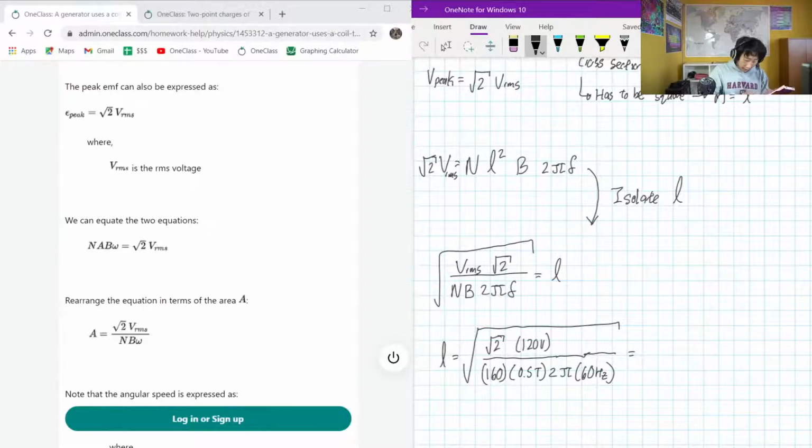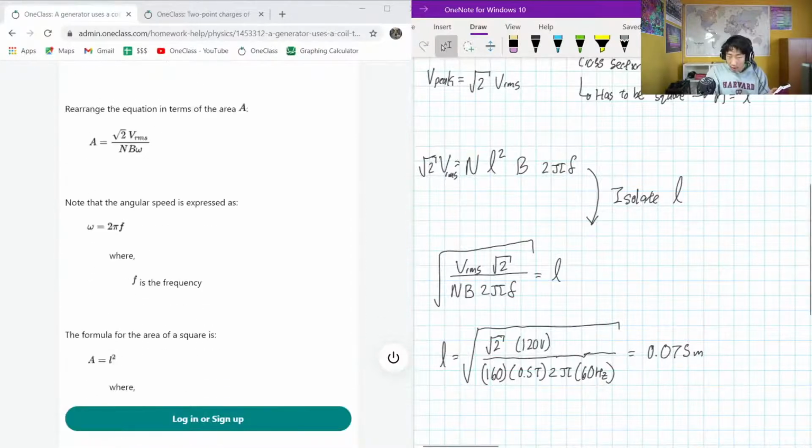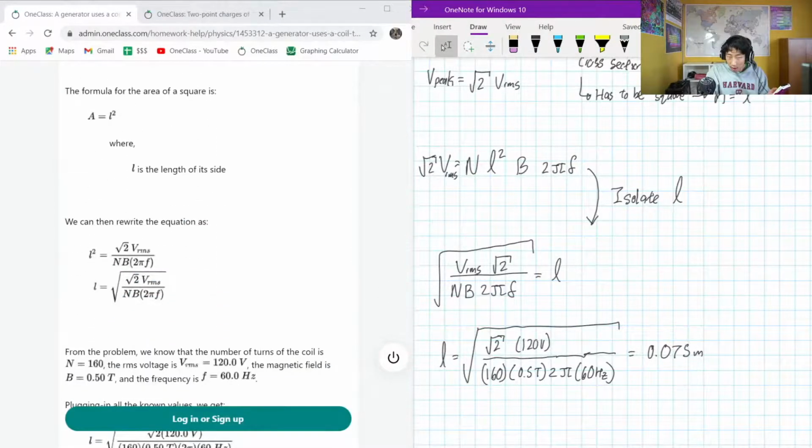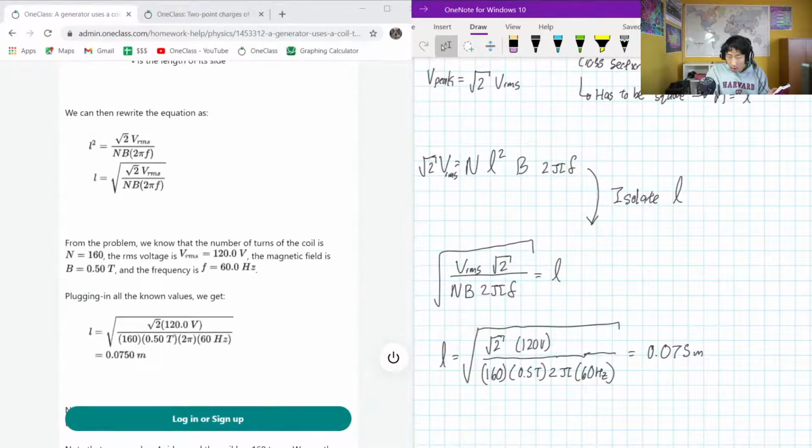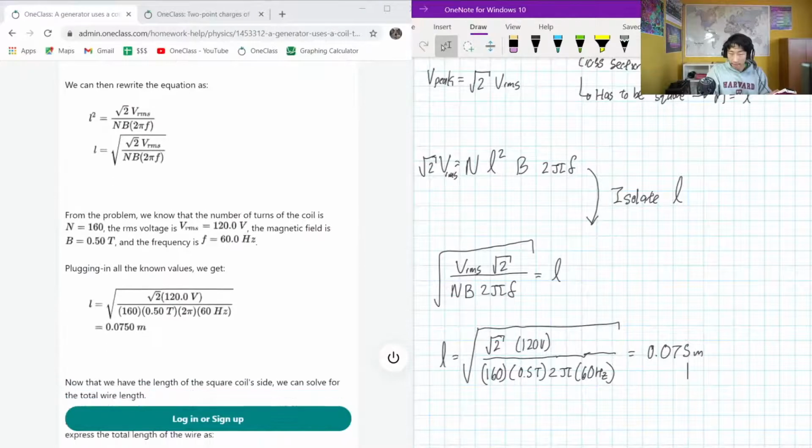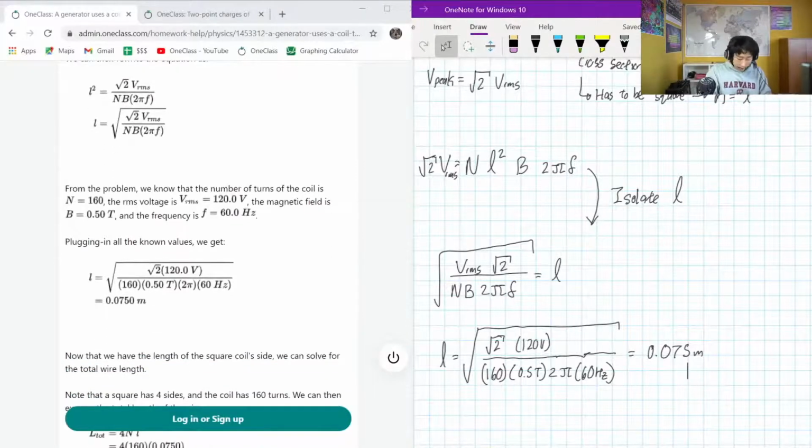And my calculation for that L is 0.075 meters. So what we got here, 0.075 meters. Awesome.